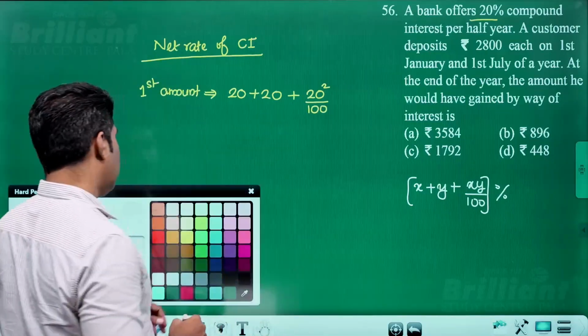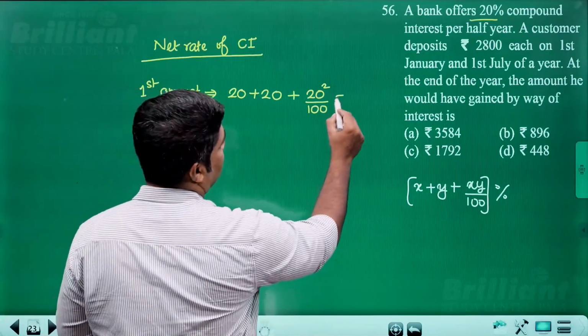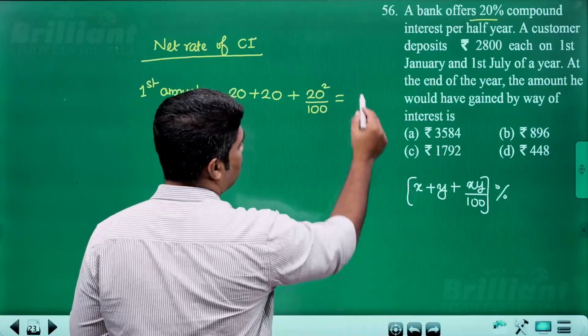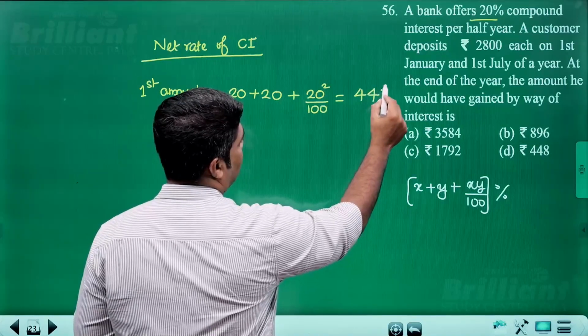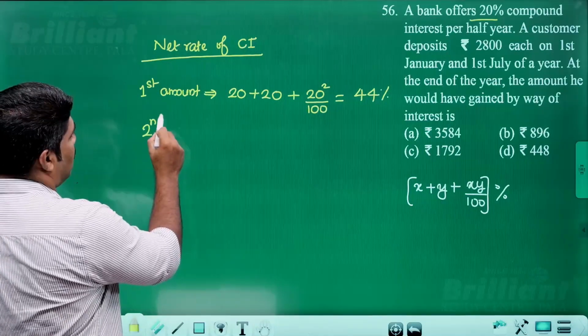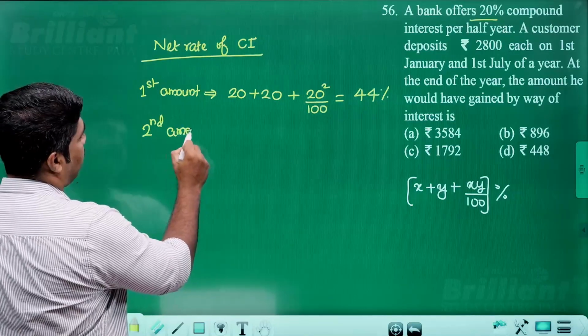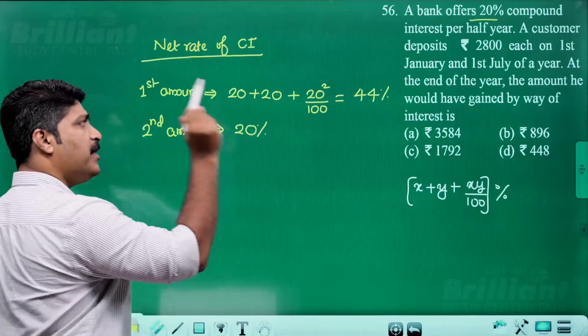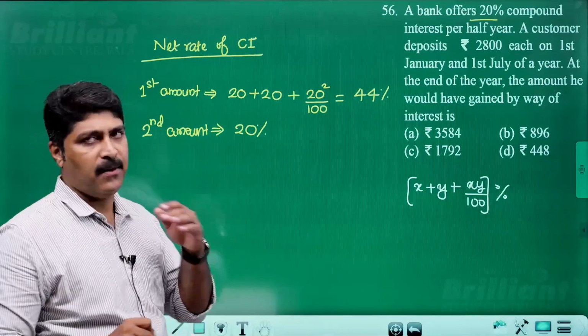Therefore, we are catching this net rate of interest with the help of this calculation. Simply, this is 44%. And the second amount: that's only one time compounding there. That is directly 20%. That's it, because it's only counting half yearly.